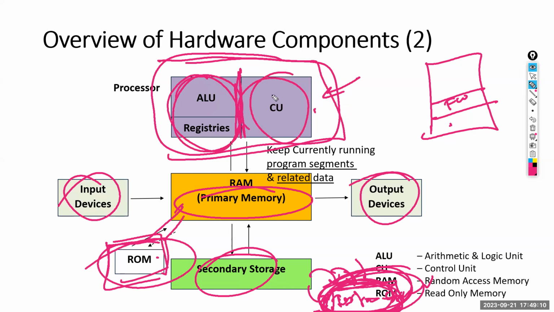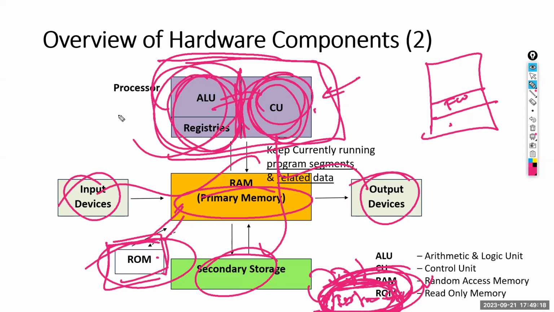So that is why we have the control unit to do the controlling, to control your processor and all other components, and of course the processor also does the processing. Processing is done by the arithmetic and logic unit. Actually, registers are part of the ALU.